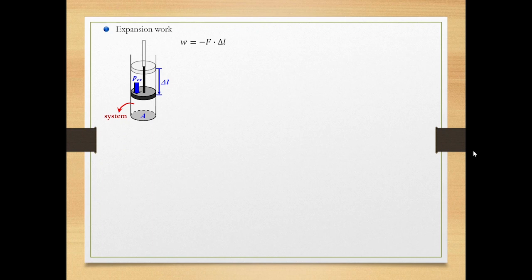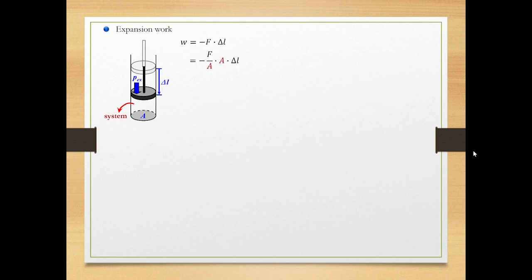Negative work indicates the system does work to the surroundings, implying energy flows from the system to the surroundings. Positive work indicates the surroundings do work to the system, implying energy flows from the surroundings to the system.